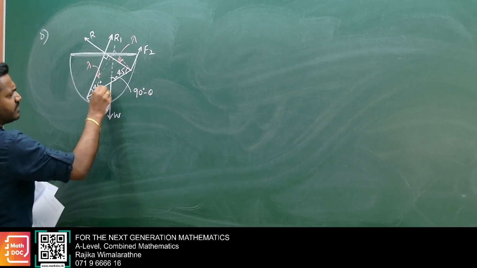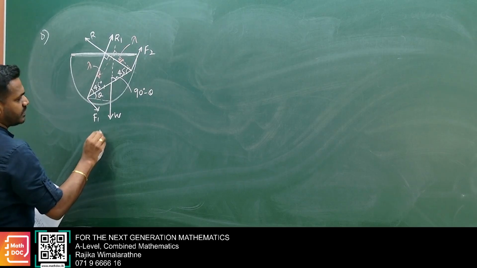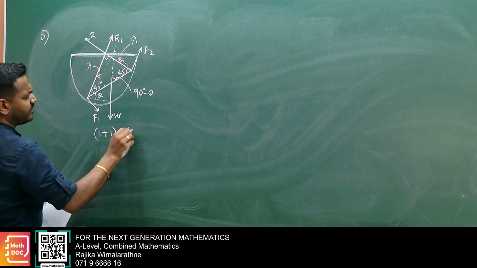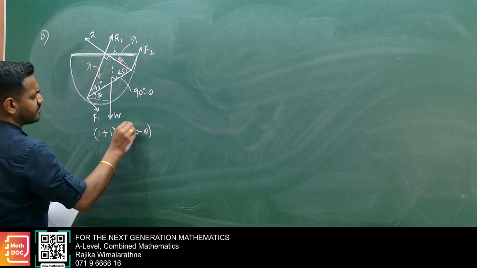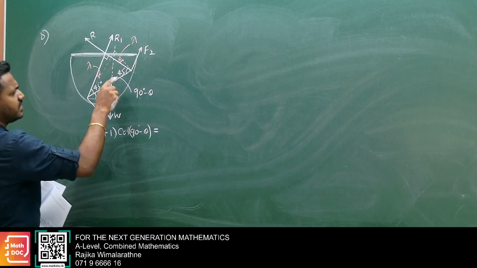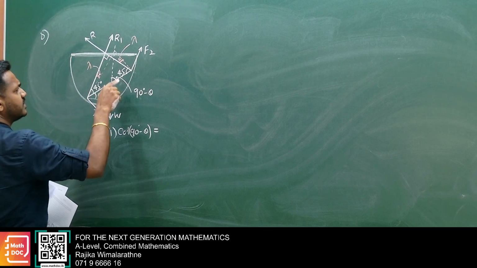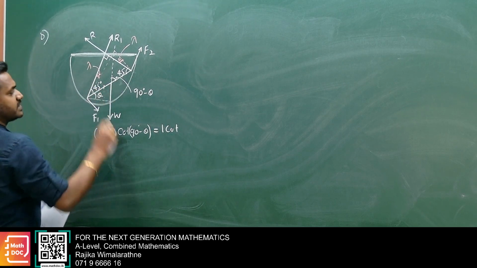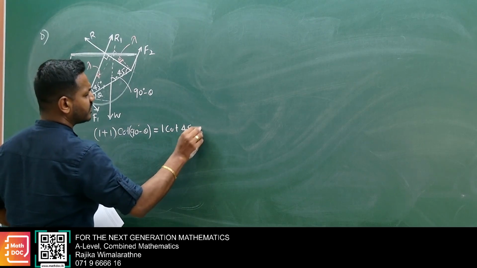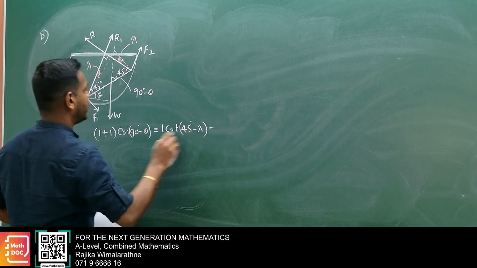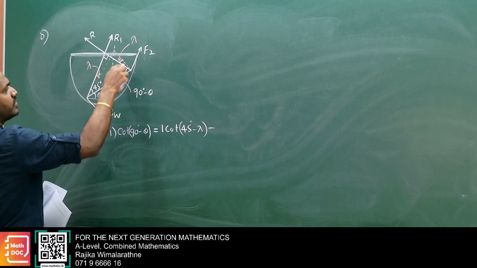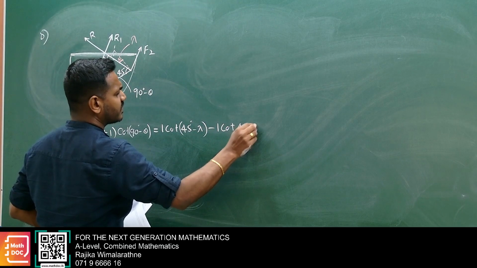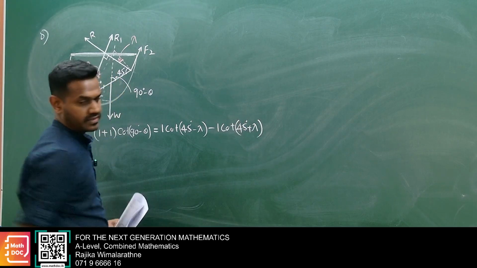Then apply the cot theorem, ratio 1:1. 1 plus 1 times cot of 90 minus theta equals 1 times cot of 45 minus lambda minus 1 times cot of 45 plus lambda. That is the cot theorem.